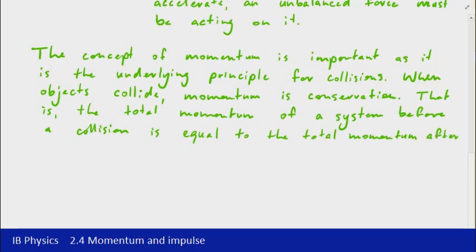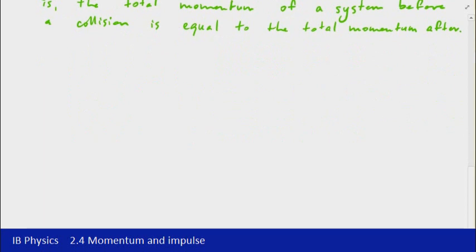So to put that into context, let's imagine that we have two masses. We'll call them M1, moving with velocity U1, and another mass M2 moving towards that object with a velocity of U2.